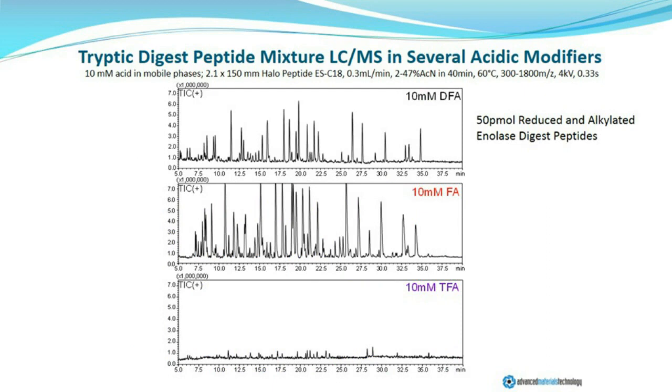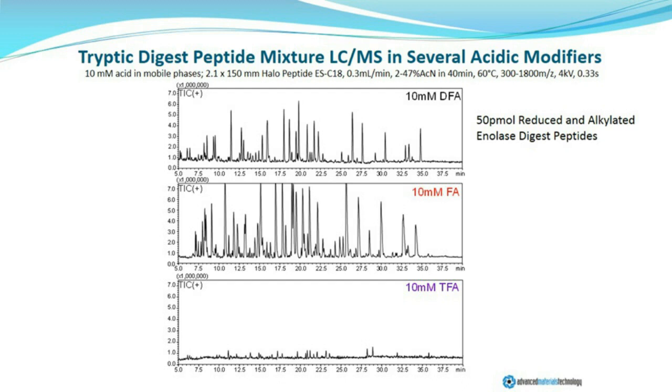This slide shows an example with a tryptic digest peptide mixture, in this case using reduced and alkylated enolase, which was then tryptically digested and underwent reverse phase analysis, in this case again on a Halo Peptide ES-C18 column under typical tryptic digest conditions, and in this case showing the mass spectral data.